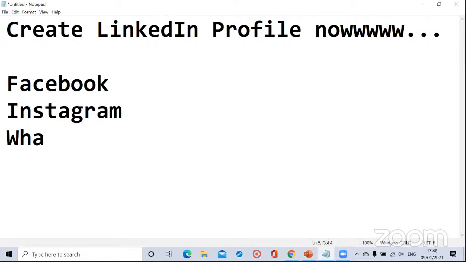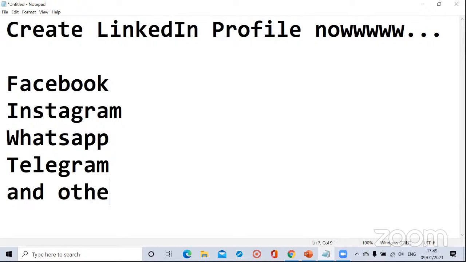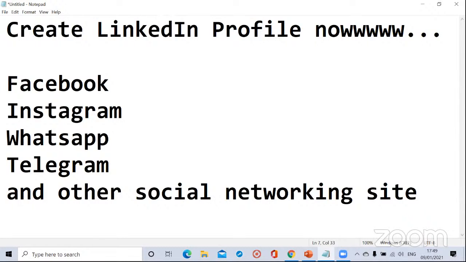We are on WhatsApp also. Now Telegram is also coming, and many other social networking sites are there. So why are we going on social networking sites? The simple reason is that we want to connect with the people. We want to connect socially.